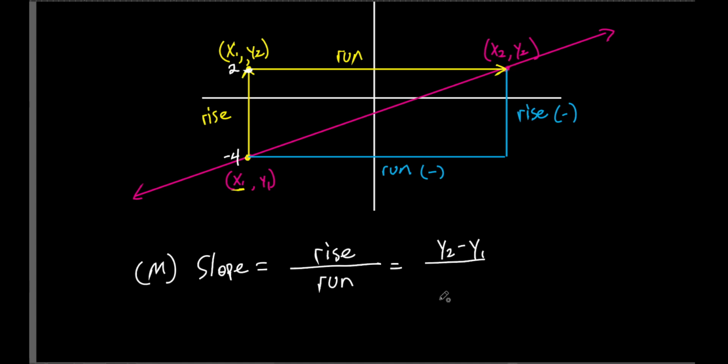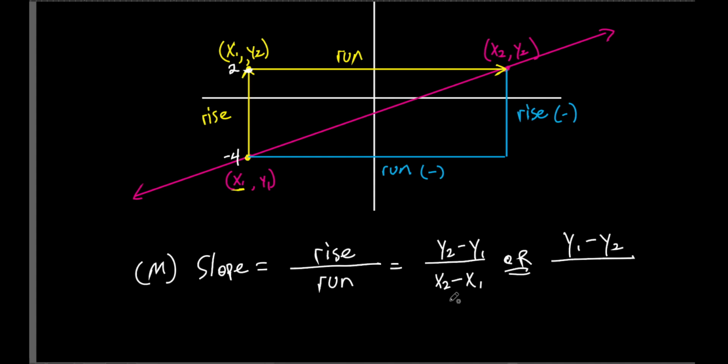So from here, let's go x2 minus x1. Now, it's really important. I'm going to put an or. Somebody said y1 minus y2. That would be perfectly fine as long as you do what? Yeah, that's good. But we're not going to really talk about absolute value. If I go y2 minus y1, how am I going to subtract the x's though?